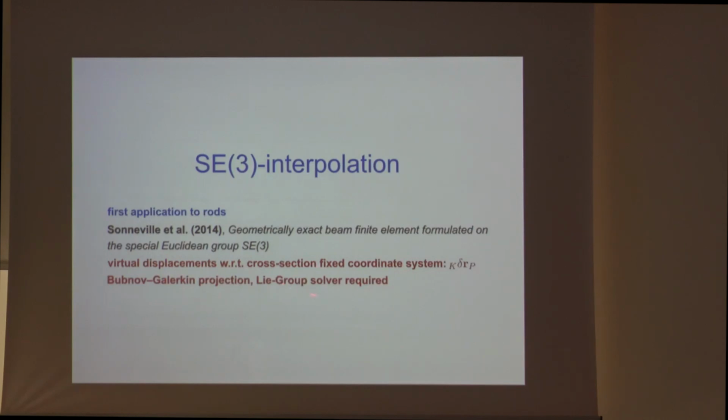And as I've mentioned at the beginning, they need very special Lie group solvers to solve their Newton-Raphson, so to resolve their nonlinear equations, the static equations, but also for the dynamic equations, they have to come up with an SE3 generalized alpha method.